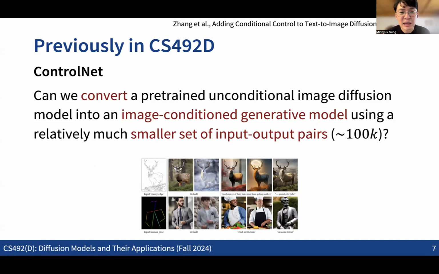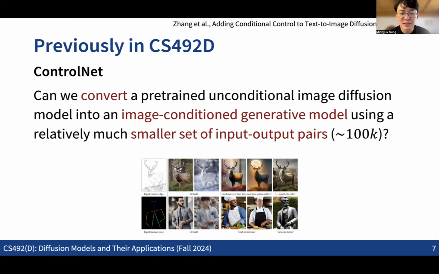So this was the case of how we can convert a pre-trained unconditional diffusion model into a conditional diffusion model, especially when both the outputs and the input conditions are images. When you have a pre-trained unconditional image diffusion model, which has been trained with 5 billion images, how can we convert this into a conditional model with a way smaller data set, like 100K input and output pairs?